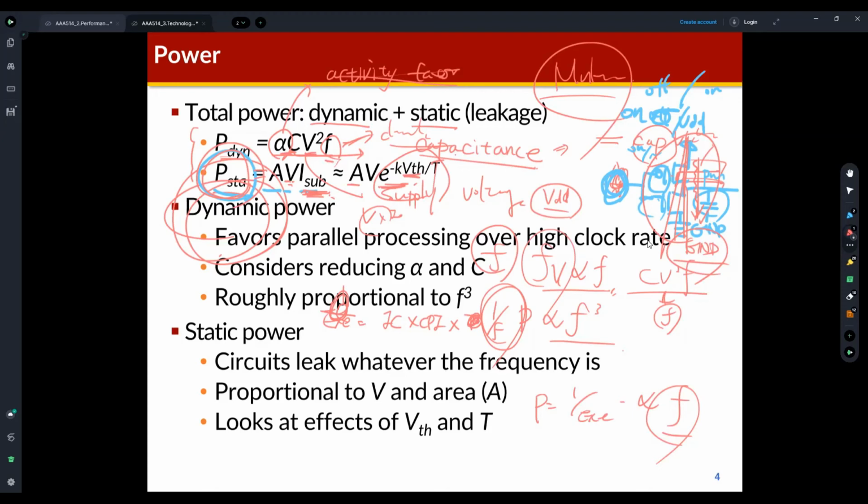The power consumption is a very serious issue in processor design, and recently the leakage power consumption is also a very serious issue.